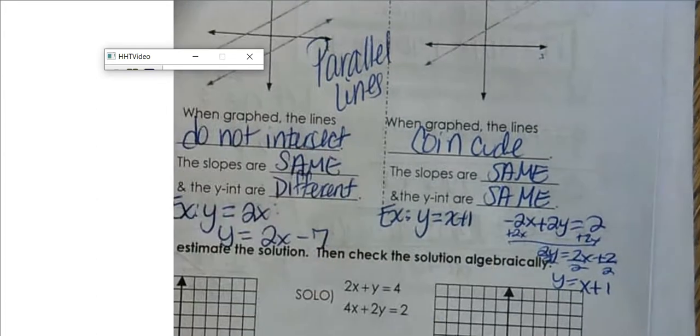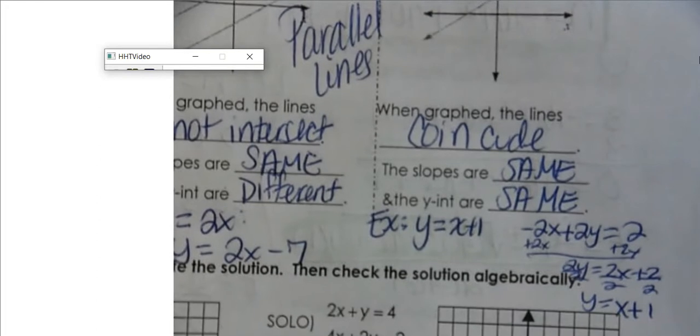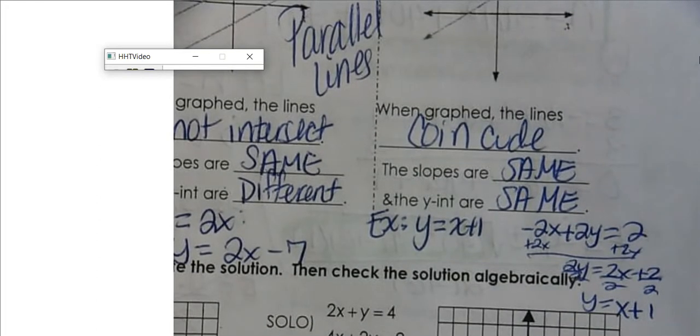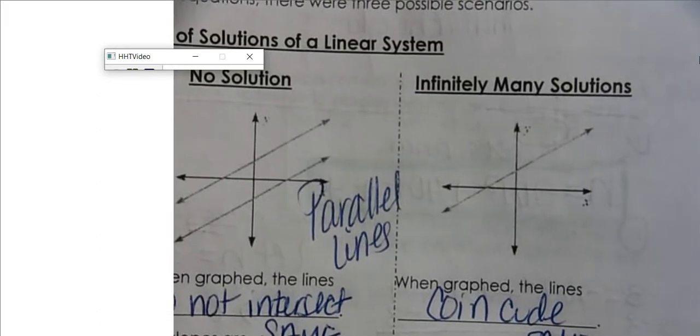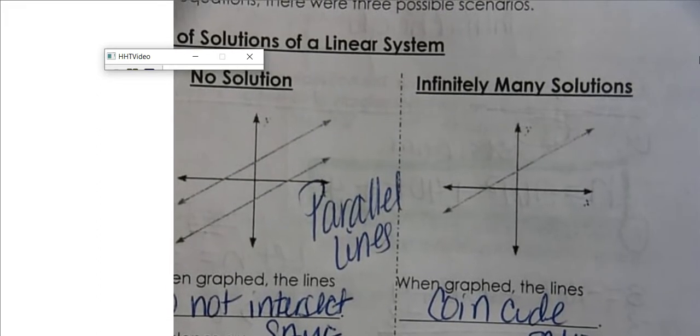When you rewrite that equation, you find that it's the same exact equation as the other, you just couldn't tell because of the structure it's in. So this is known as infinitely many solutions, and the only thing that you're going to see here is one line.